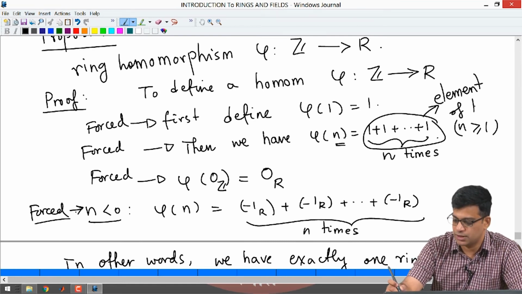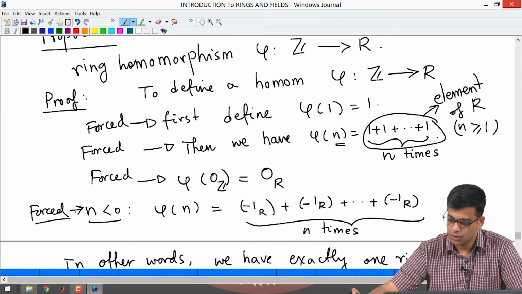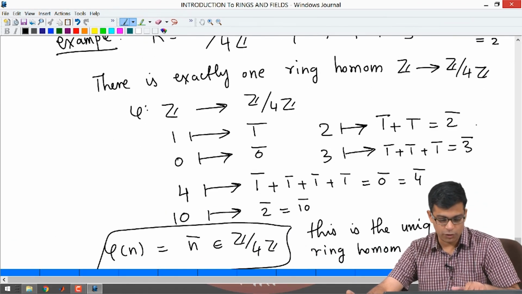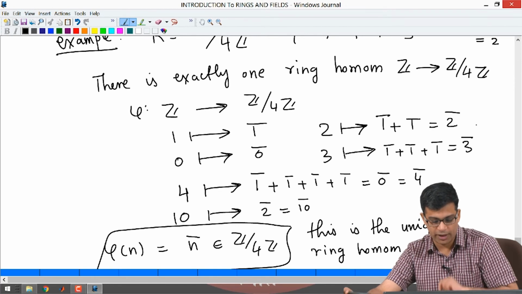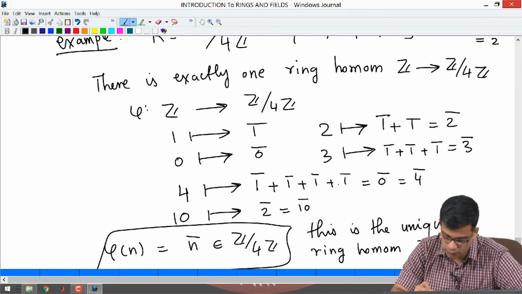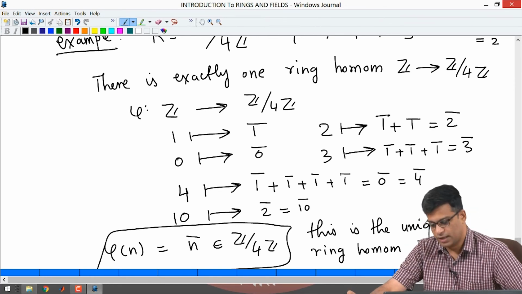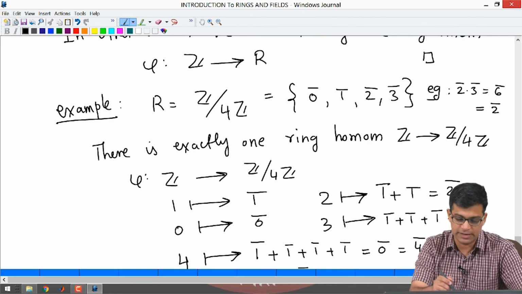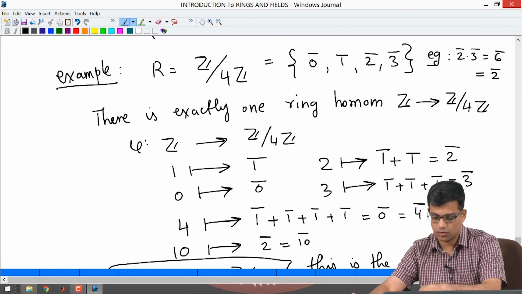Whatever you get in different situations, you will get different things. In the case of Z mod 4Z, if you take 4 and see where it will go, it will be 1 bar plus 1 bar plus 1 bar plus 1 bar. That is not really 4; there is no element called 4 in Z mod 4Z. That is just 0 bar.